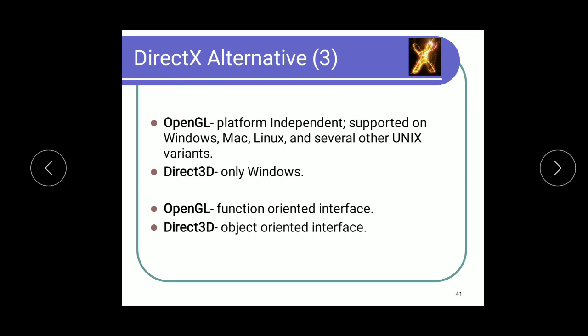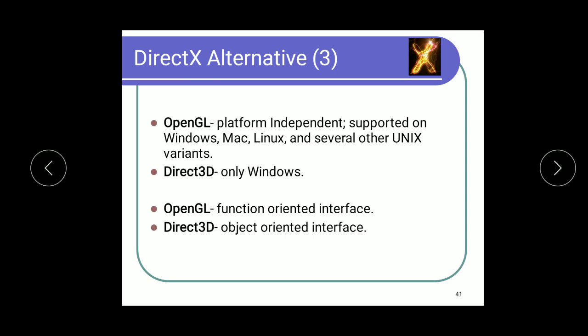Now OpenGL is platform independent, that is, it is supported on Windows, on Mac, on Linux and several other Unix variants, and it is available on many operating systems nowadays. Direct3D is only available on Windows. OpenGL is a function-oriented interface, meaning function calling and then output. Direct3D is object oriented.